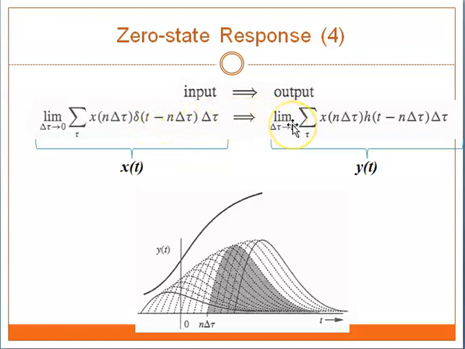And this will give you an output y(t), which is the signal that happens at n delta tau. So here you will have an output of the impulse, which is the impulse response. So it is denoted by h, so h(t minus n delta tau).